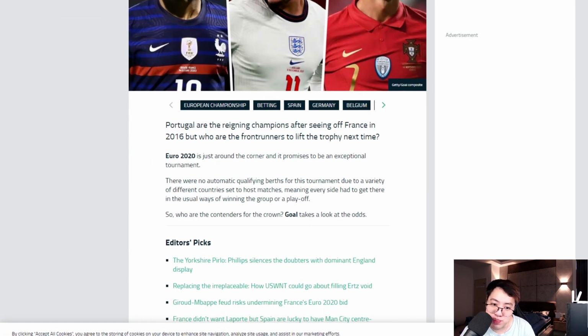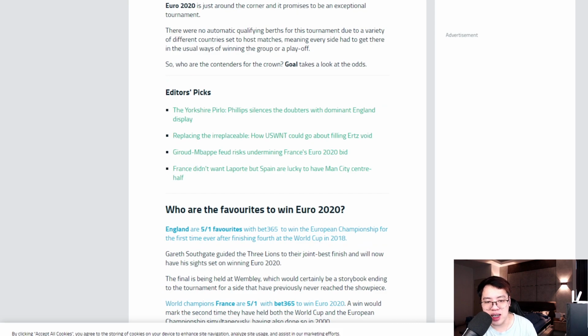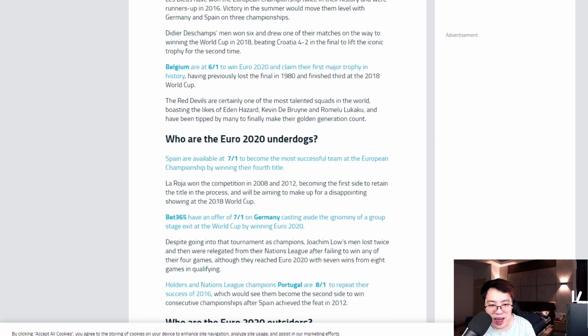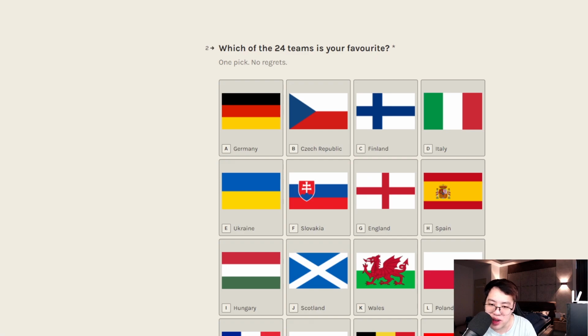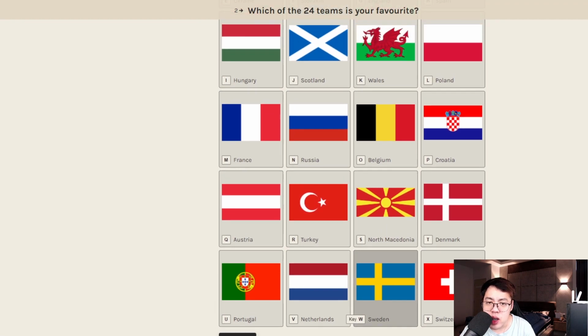Of course, you can also pick your own choice; it doesn't need to follow Google or whatsoever. Here it says England are the 5 to 1 favorite. So England, Spain, or whoever you like, it's up to you. Just say you like England. Let's say you've selected England, and where is England?